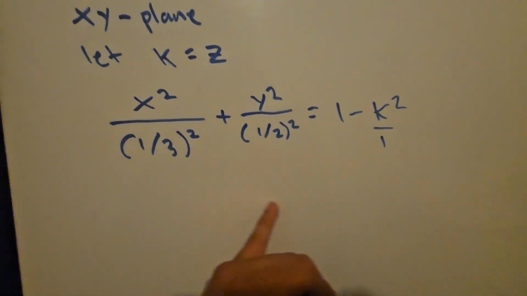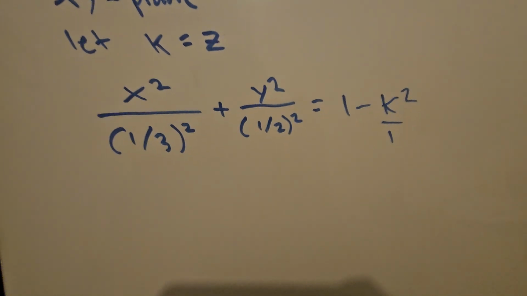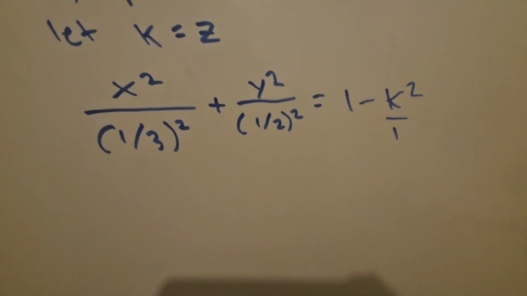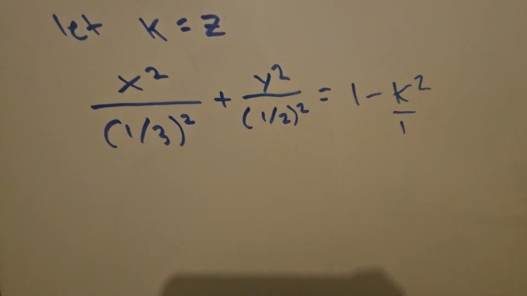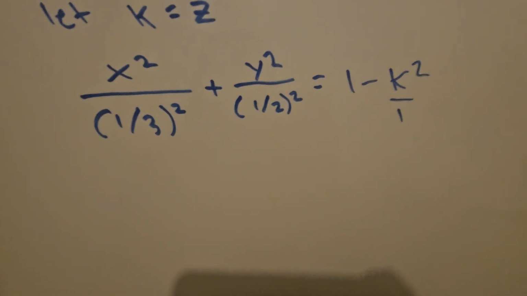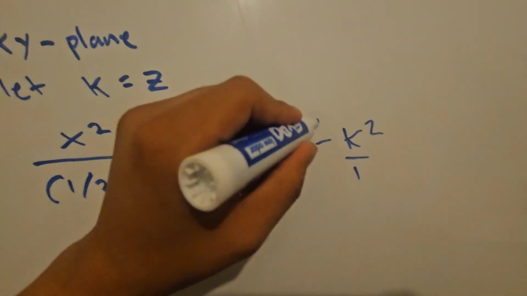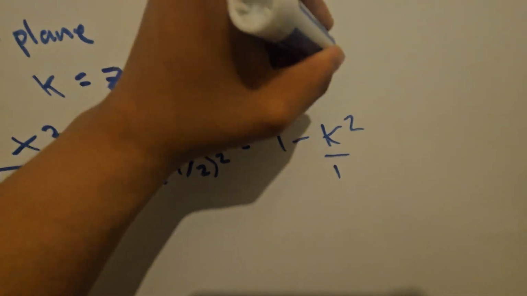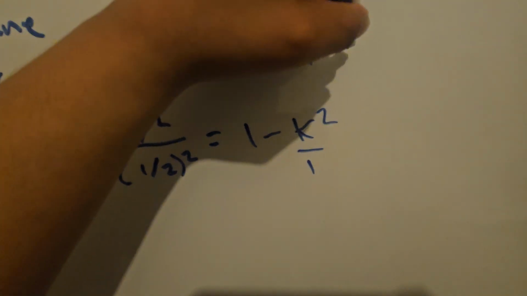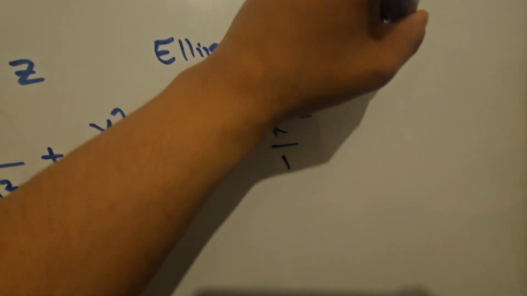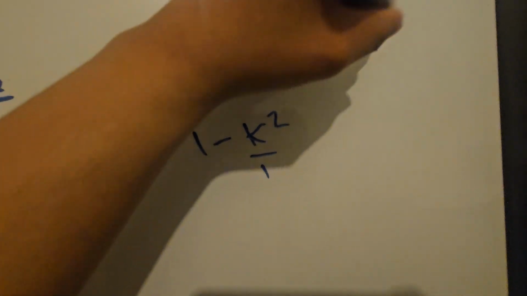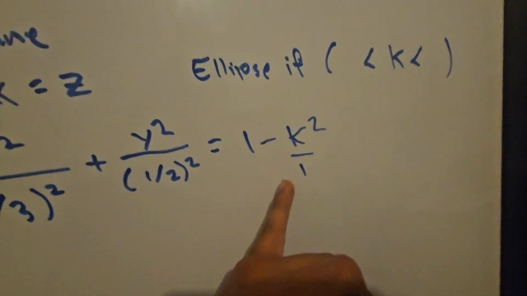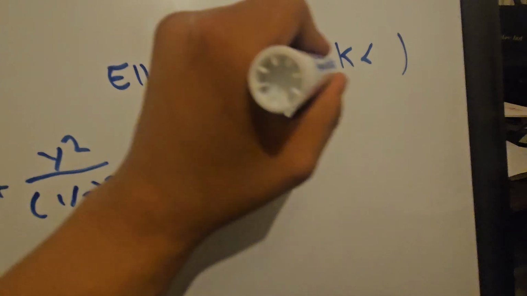So what does this look like in a 2-dimensional plane? It looks like the equation for an ellipse. So this we'll call an ellipse if k is between -1 and 1.